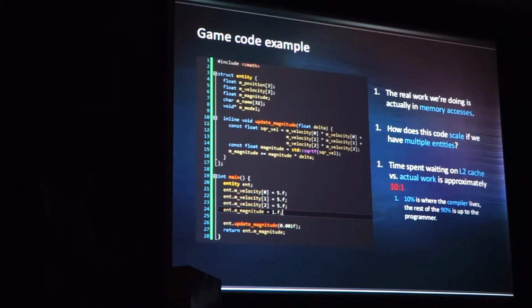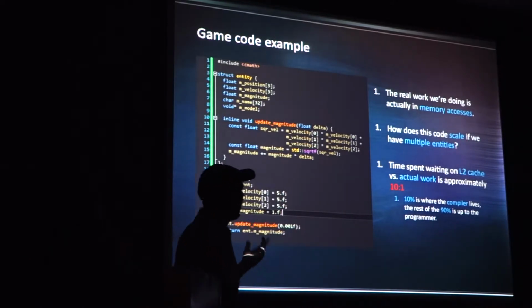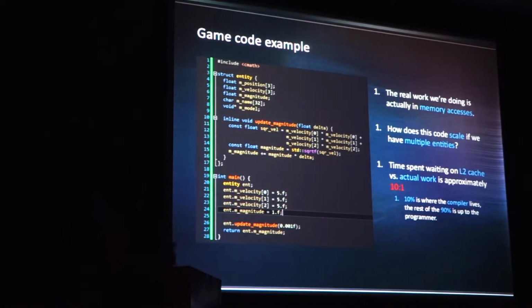So now the question becomes, how does this function scale to multiple entities? Well, we're going to experience the same cache misses on every function call, because these entities are singular and they're in different locations in memory. We spent time on the L2 cache versus the actual work, like additions and all the other stuff we're doing.